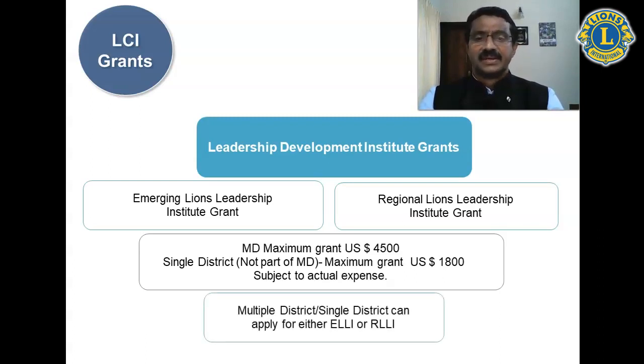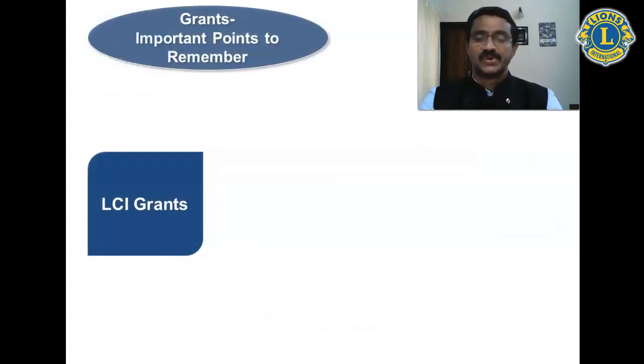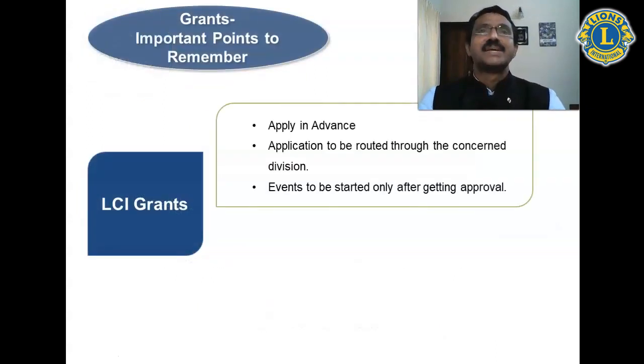There are a few conditions which I want to bring before you. One, you must apply in advance. Most of these grants are on a first come, first served basis. So you should apply at the earliest and try to be in the front of the queue so that you can avail these grants, because if the funding cap limit is exceeded, there won't be any possibility of getting the grant.